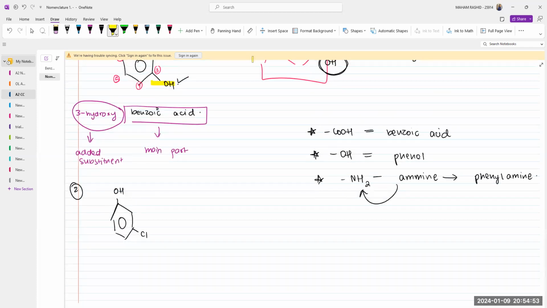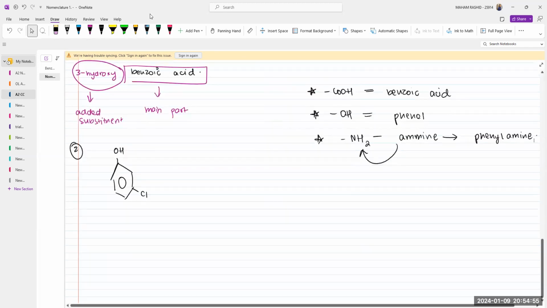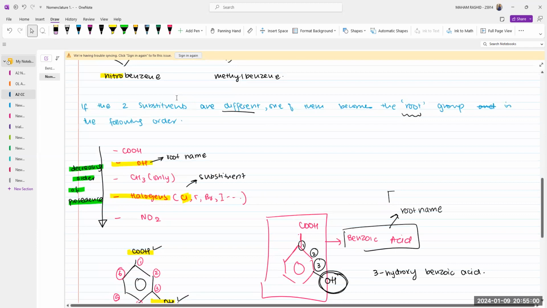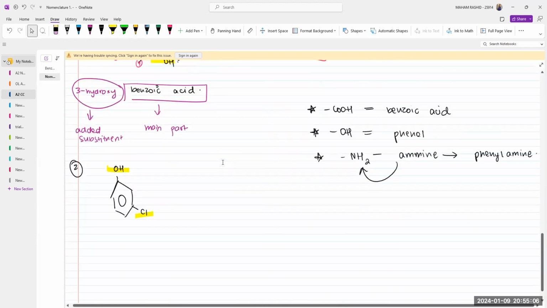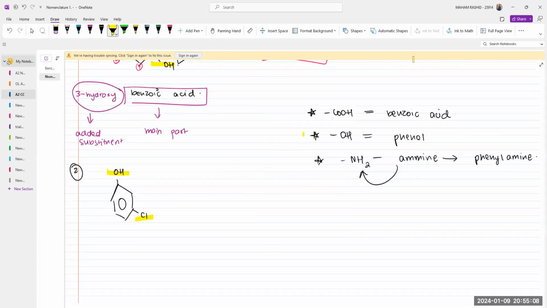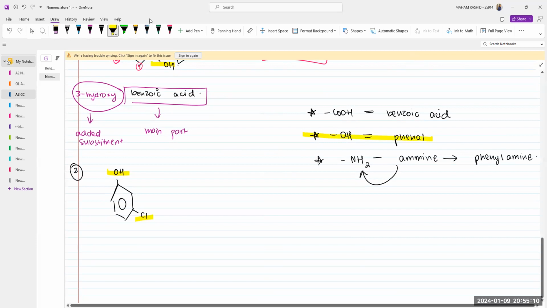Now here, we have an OH group and a chlorine group, and we just discussed that OH will be part of the root name in this case, right? Now, what do we call an OH in a root name? It's called a phenol, right?